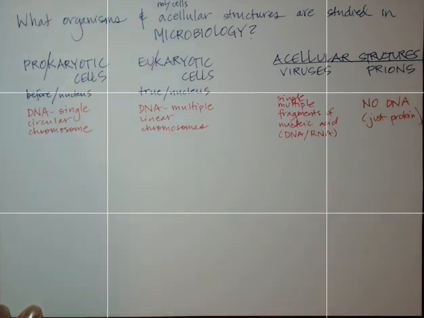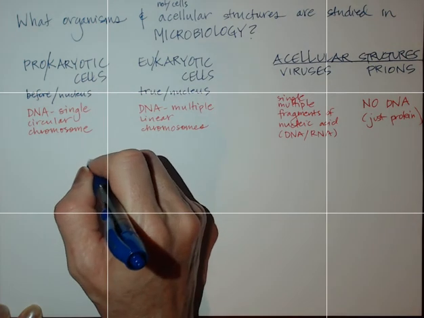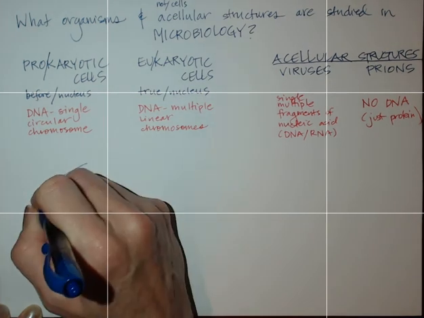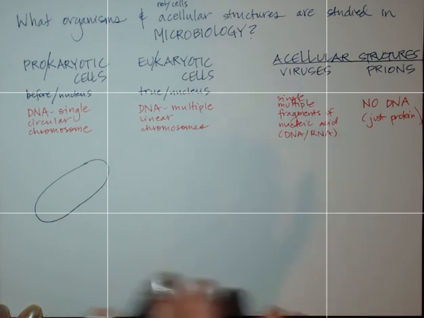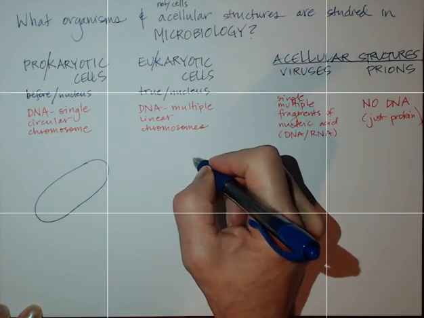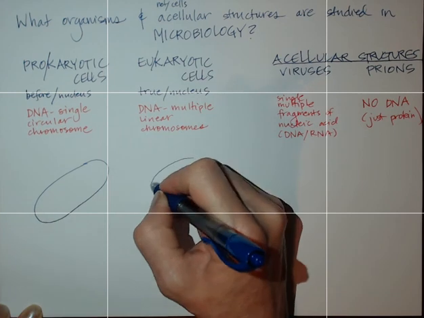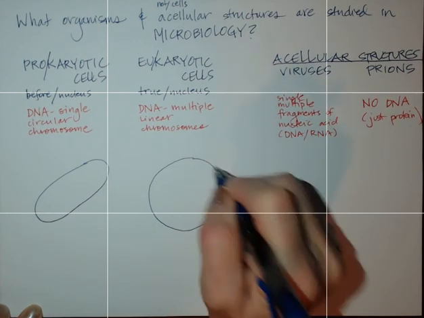All right, let's try to draw a little picture of these. And we'll see prokaryotic cells I will typically draw in the shape of a rod, although they come in many different sizes and shapes. Same with eukaryotic cells, lots of diversity. However, I will typically draw those as something of a circle.